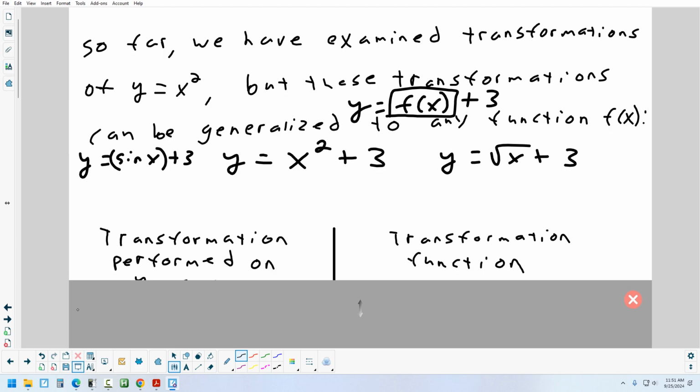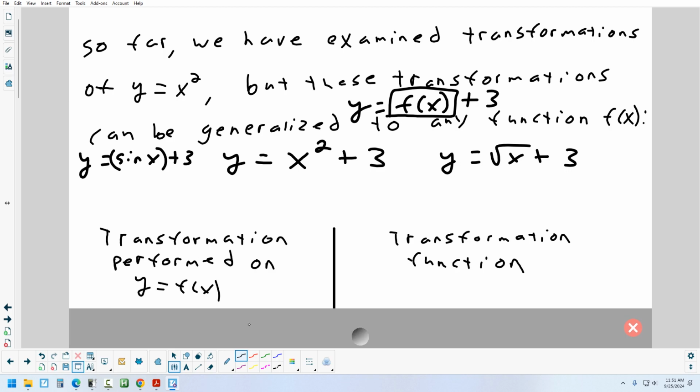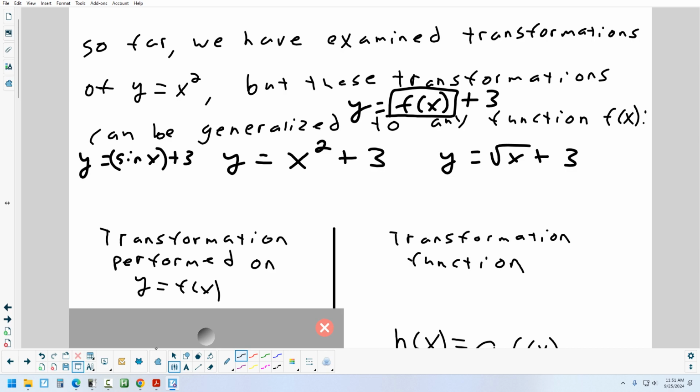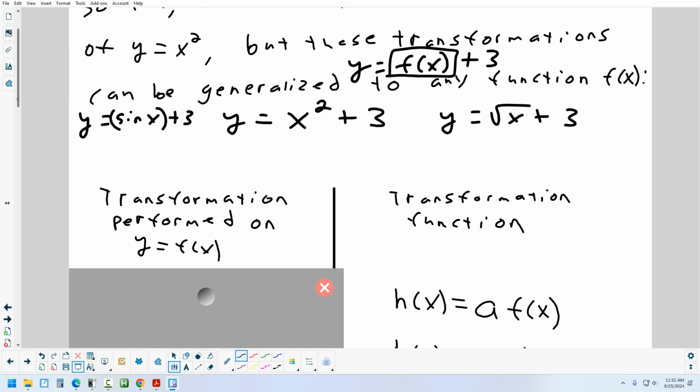So what I'm going to do now is just kind of show you a formula and then ask you if you could tell me what it would do. Right? So here's the first one. Multiplying by a number in the front of the function. So yesterday that would have been like if I had x squared and I made it 3x squared.